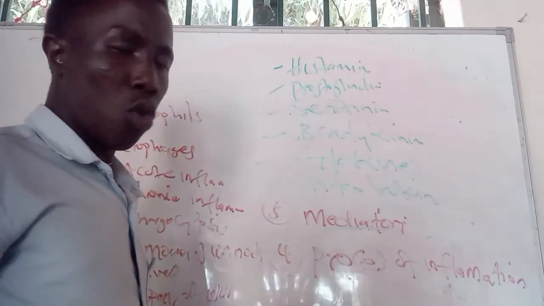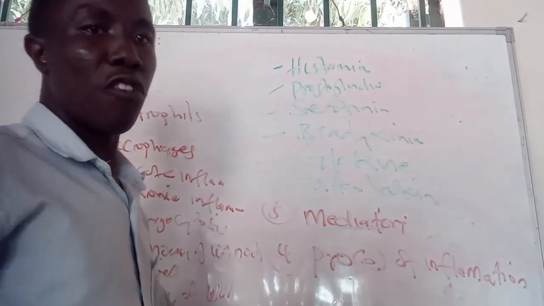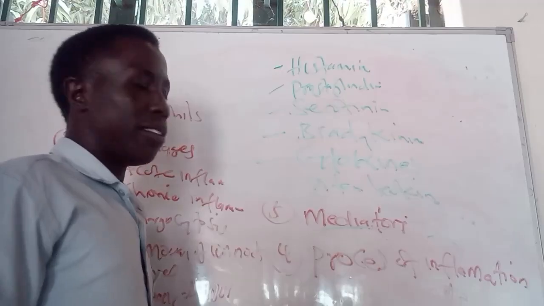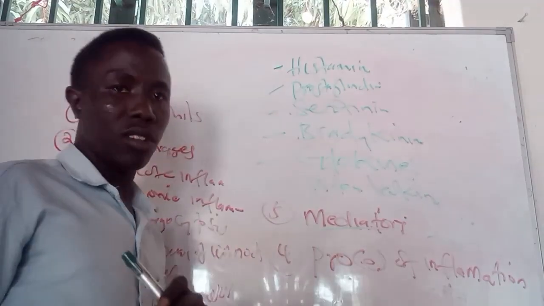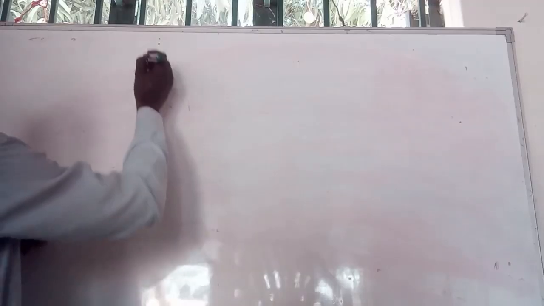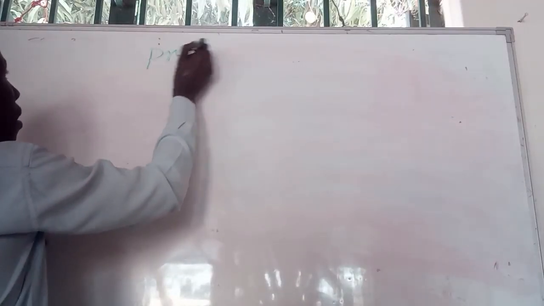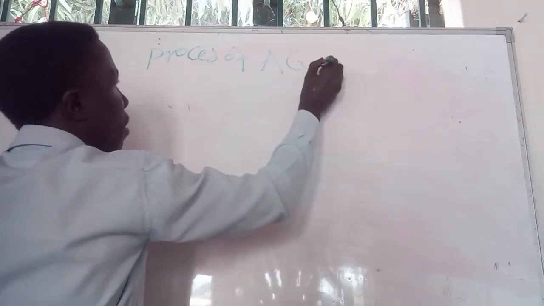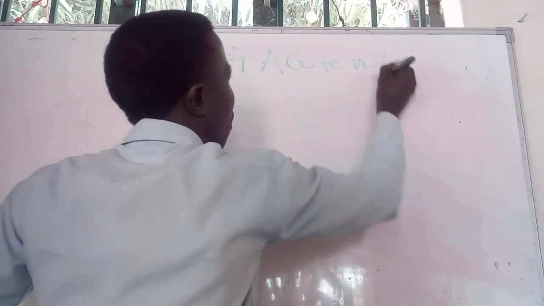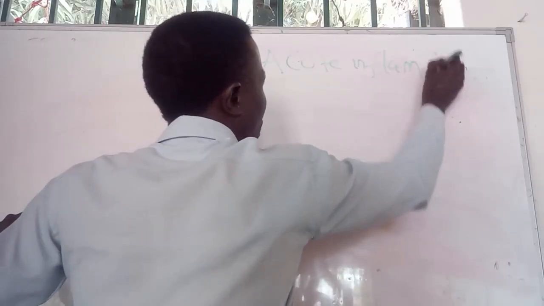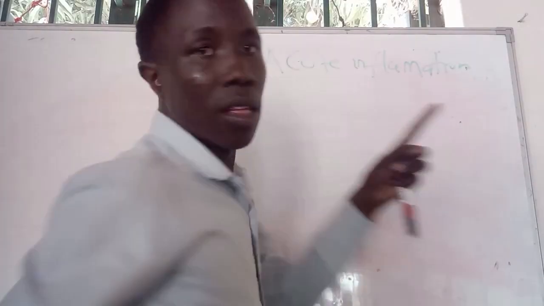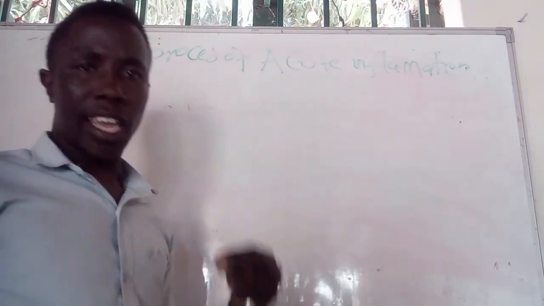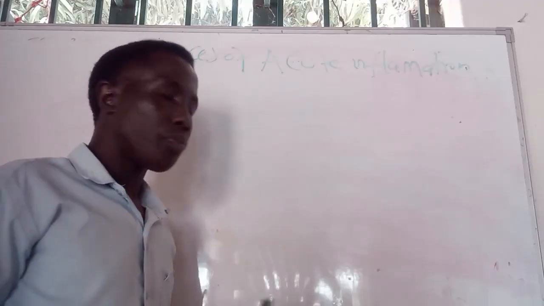So allow me to take you through the process of inflammation, the step-by-step process through which inflammation takes place. And majorly, I'm dealing with acute inflammation. So I'm talking about the process of acute inflammation.